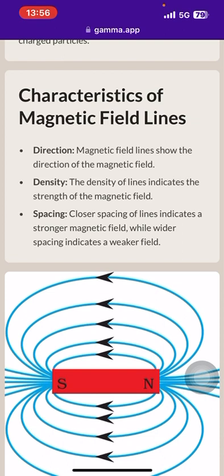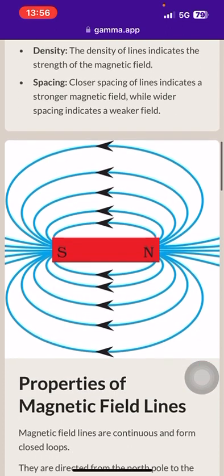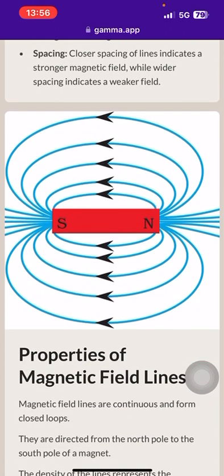With wider spacing, there is much space among the magnetic lines, so it indicates a weaker field. You can see the diagram of the magnetic field in front of you.